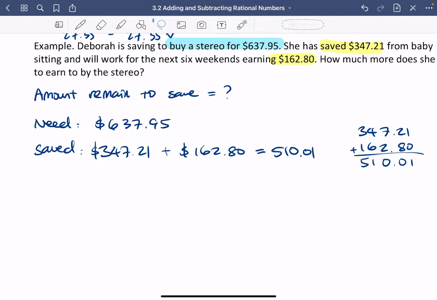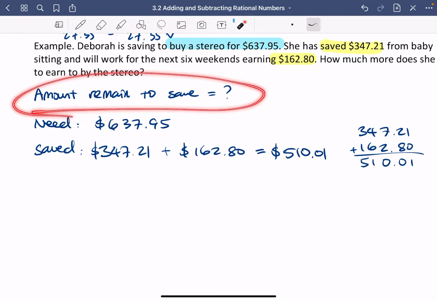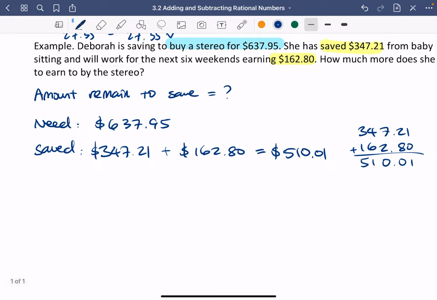So this is the amount she has saved, and you know that she will need that much. So to find the amount remaining to save, the amount remaining will be the total amount she needs minus the amount that she has saved.